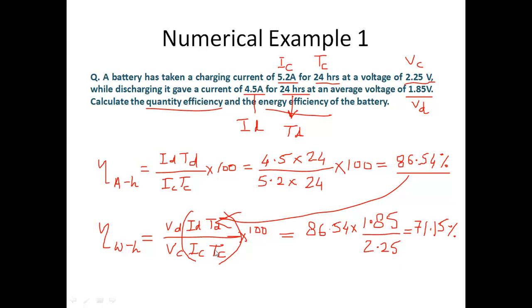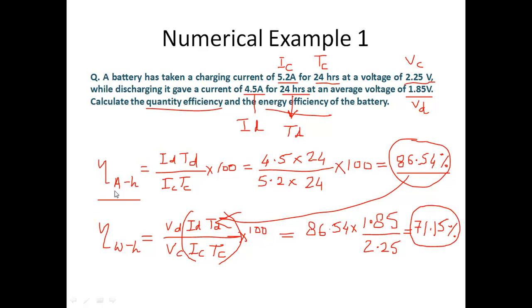So this is the solution for the first example. Now here you can see two things: the ampere hour efficiency is 86.54 and the watt hour efficiency, or the energy efficiency, is 71.15.